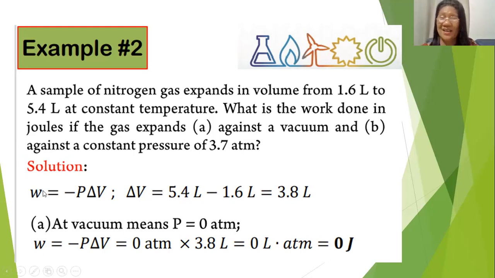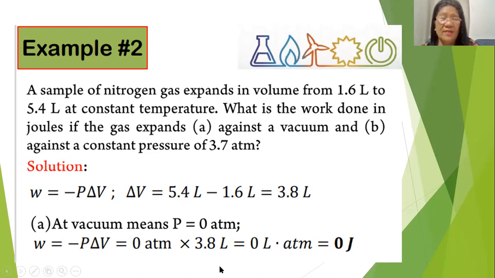That is our work. Now, how about if it is in a vacuum? Against the vacuum. How about if it has a constant pressure? What will happen is, if it is constant, it is zero. Therefore, work is negative pressure times change in volume. What will be our pressure?